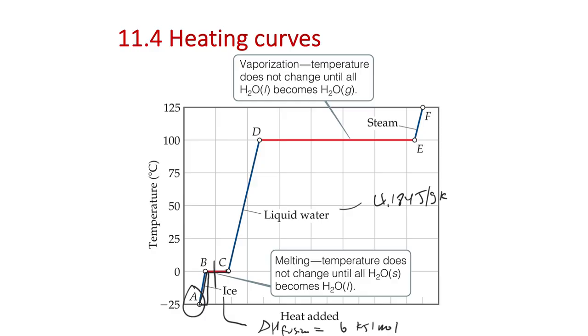And then if we're going to go from 0 to 100 degrees C, how much heat does it have to absorb? It has to absorb some heat in order to reach its boiling point. If you put a pot of water on the stove, it's going to take a while to go from room temperature to its boiling point, because it has to absorb the heat between whatever temperature you start at and the boiling point. And then how long is it going to take for that pot of water to sit on the stove, turn into steam and evaporate all the water? Well, you're probably going to have to sit there for a while.